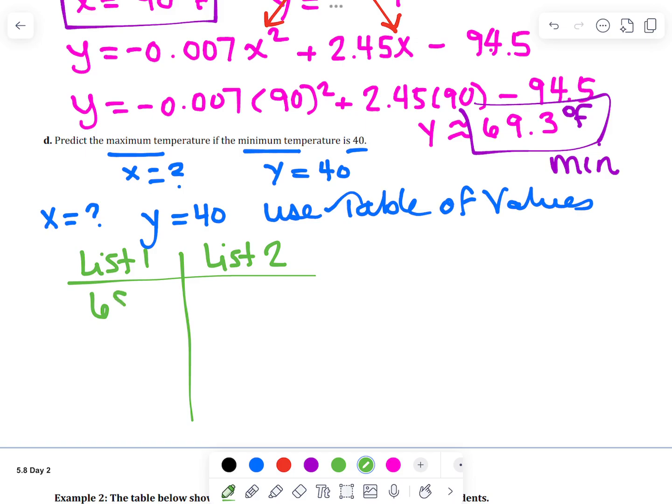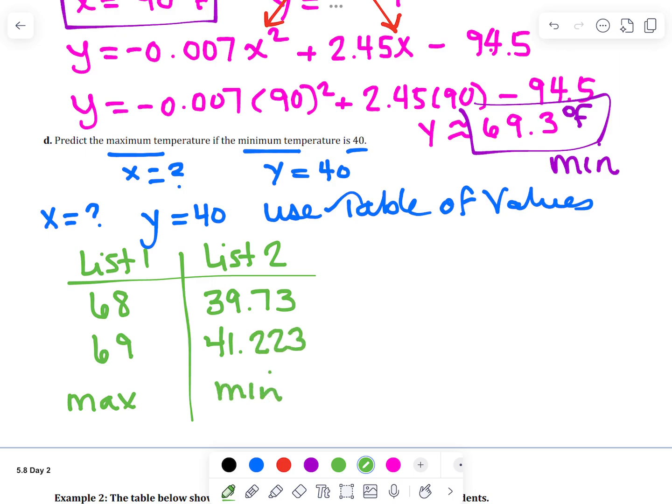I have 68 and 69 as my maximum temps, and then my outputs, 39.73 and 41.223, the minimum temps, are really close, right in between here. 40 is really close to 68.5.